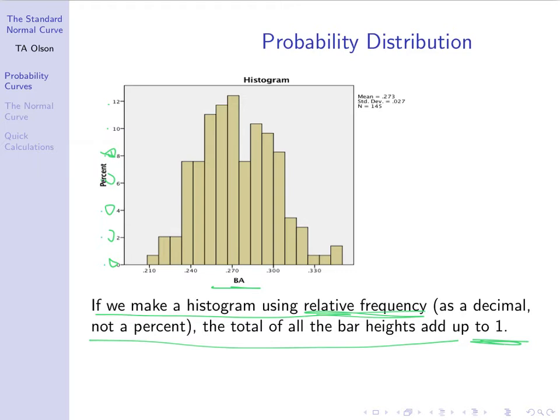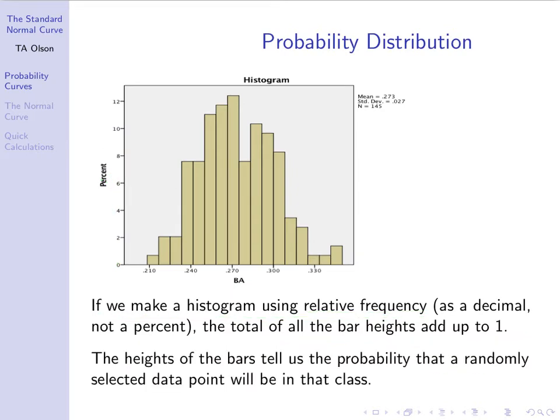So the area under these blocks adds up to 1. And the heights of the bars tell us the probability that a randomly selected data point, in this case a randomly selected player, is going to be in that class.